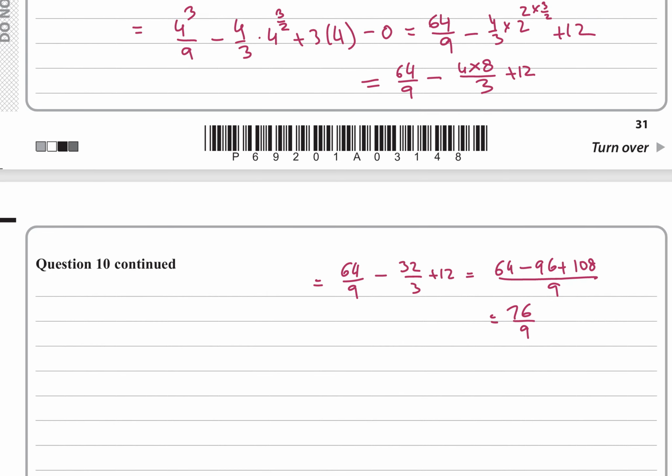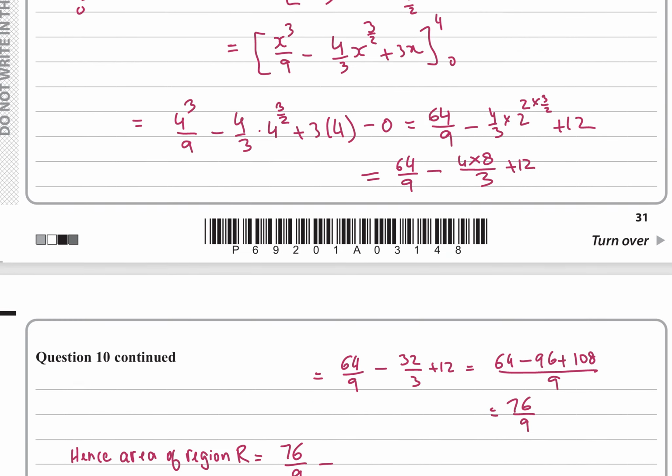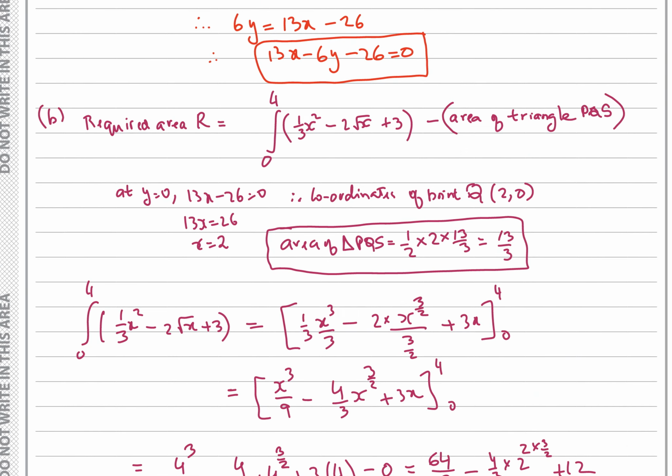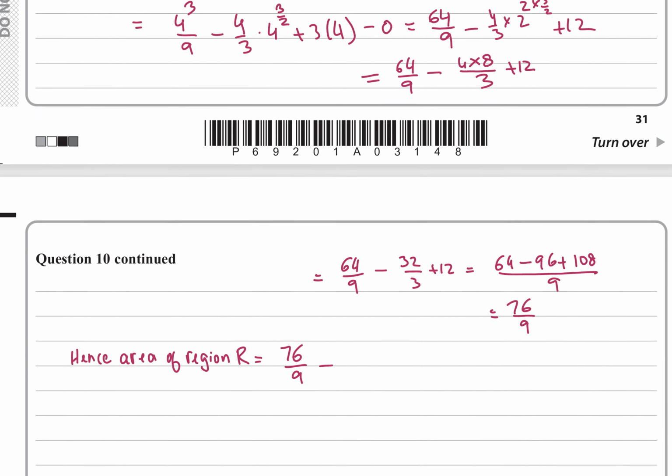Hence the area of region R would be 76 over 9 minus the area of the triangle, that is 13 over 3.